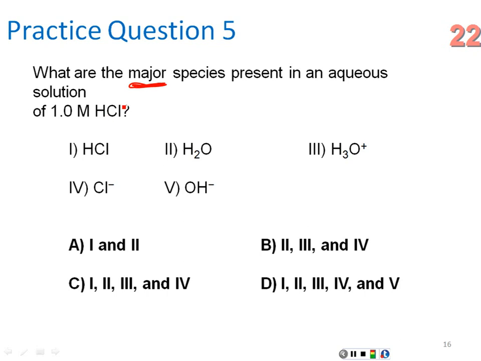Now if we look at HCl, that's a strong acid, so that's going to be completely dissociated. So that will be in the form of H plus and Cl minus. Now if you look down here, we don't have the option for H plus, but remember, when H plus is in aqueous solution, it's always in the form of H3O plus, the hydronium ion.